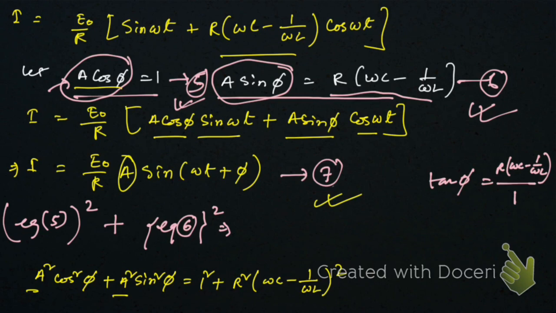So phi will be equal to tan inverse of R into omega C minus 1 by omega L.